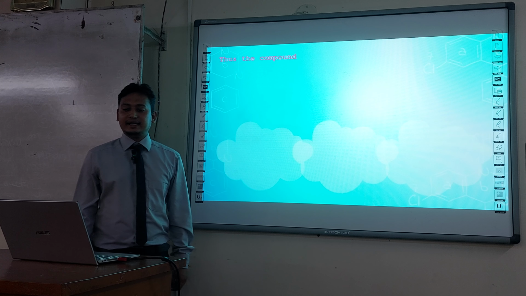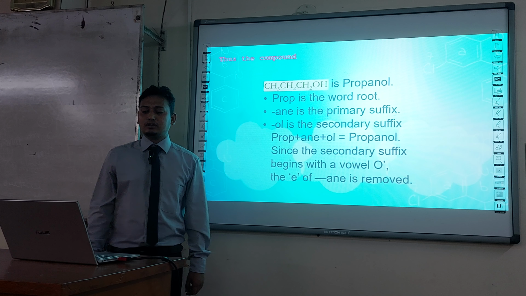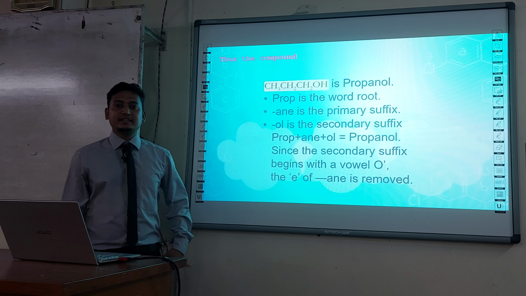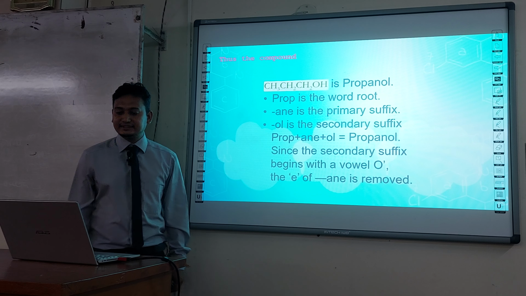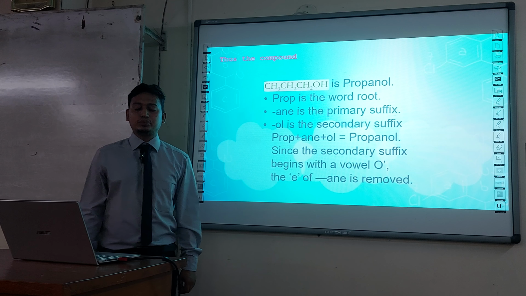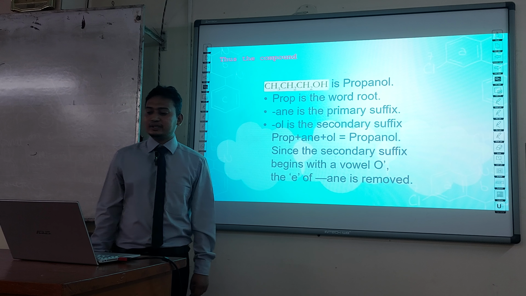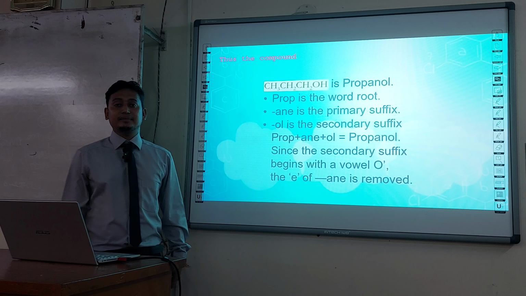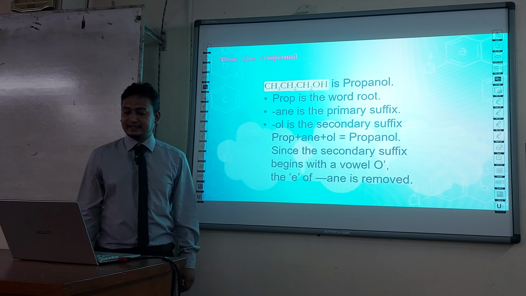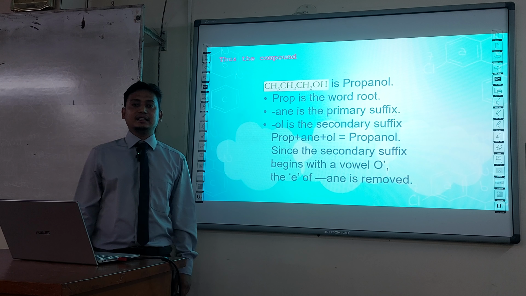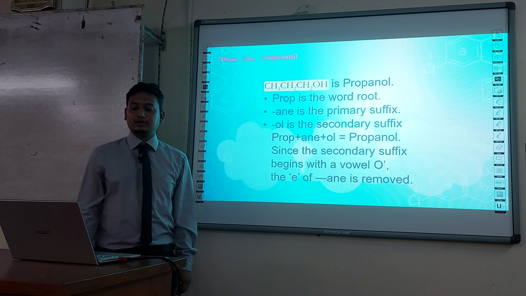Now we can see an example. There is a compound which contains 3 carbon atoms. That's why its word root is prop, and here there is a carbon-carbon single bond between carbon atoms. That's why its primary suffix is ane, and the secondary suffix is ol. That's why its name is propanol.